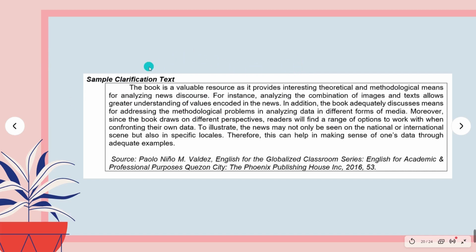And notice that the examples or the elaboration followed after the general abstract concept. And notice also that we have a lot of signal words, like for instance, in addition, moreover, to illustrate, and the word therefore. So this is an example of a perfect clarification text.